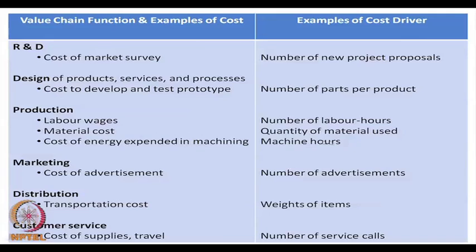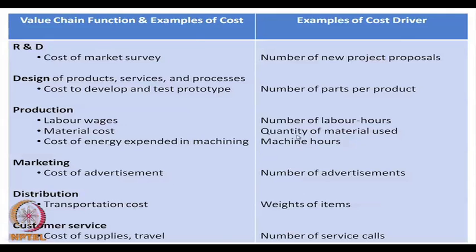The more hours a machine is used, the more the cost of power increases, so energy cost is high in machining. The more the number of advertisements, the more is the cost of advertisement. These are examples of cost drivers and these are actual costs. The more the item weighs, the more would be the cost of transportation.